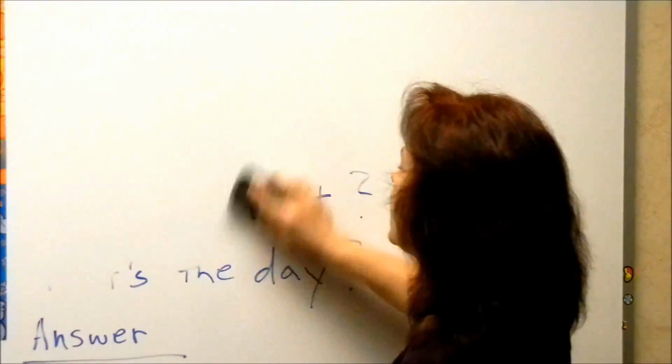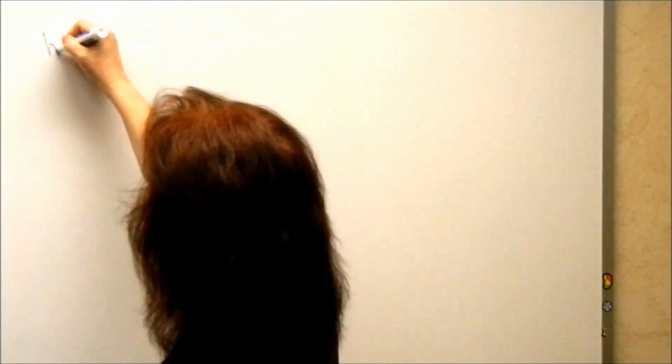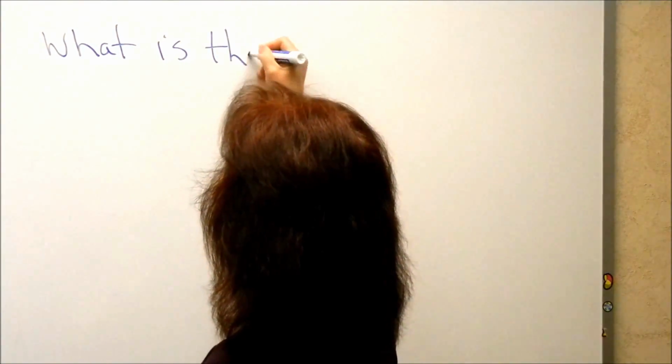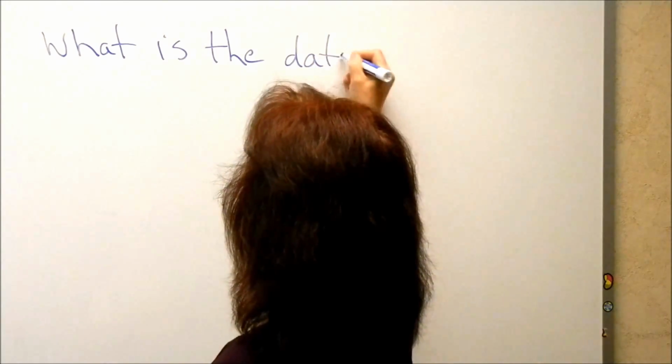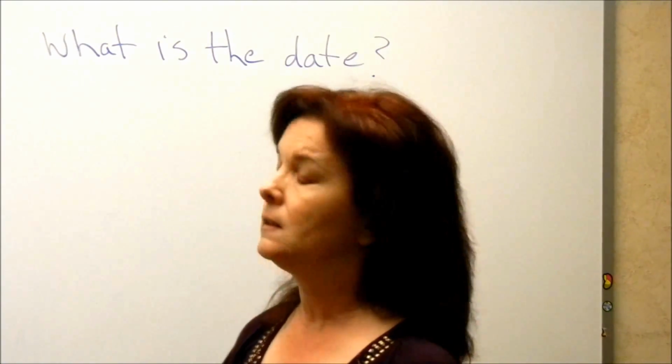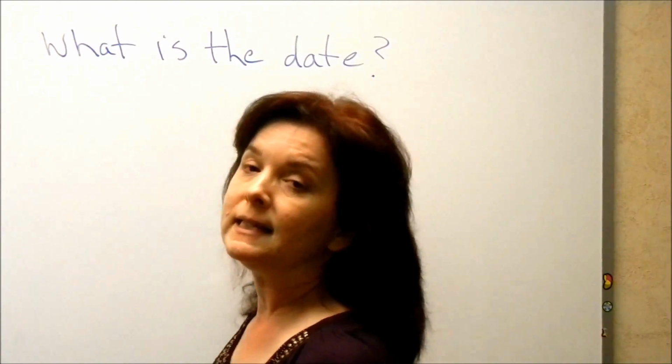Okay? Now, here's something to think about. Maybe your friend is not asking, what day is it? And expecting an answer that is the day of the week. Maybe he wants to know the date. So, what is the date? Your friend is asking you something different. If he says, what is the date?